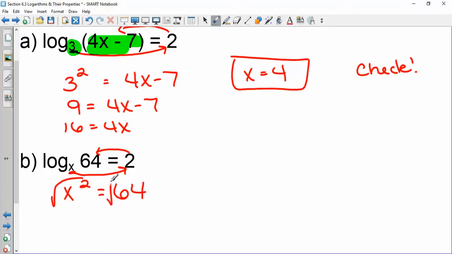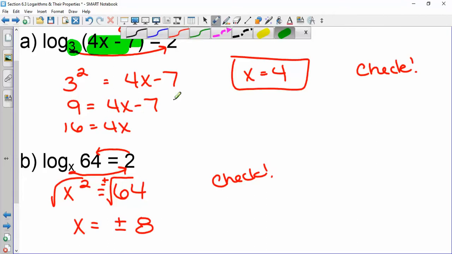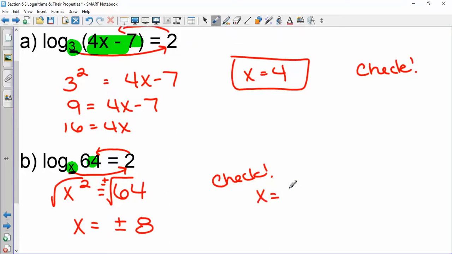When you have a square root, you do plus and minus. So the square root of 64 is 8. So now we check. I have to make sure that when I put this in, both my base and my argument are positive. Can I use both of those answers? No, we cannot have a negative 8. So our only answer is x equals positive 8.